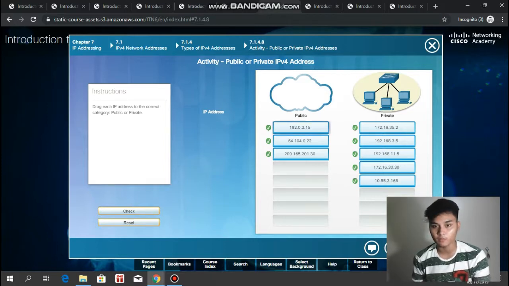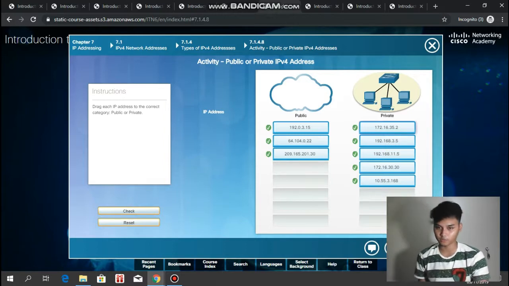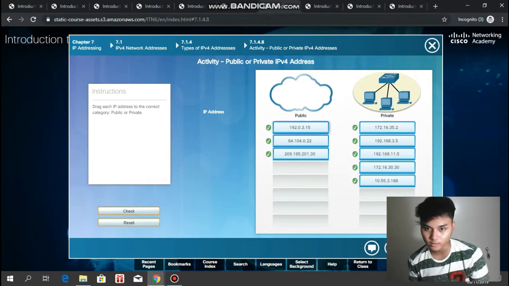So for public, 192.0.3.15. For private, 172.16.35.2. So for public, it has a zero, especially for public. Private is unique, like 172.16.35.2.